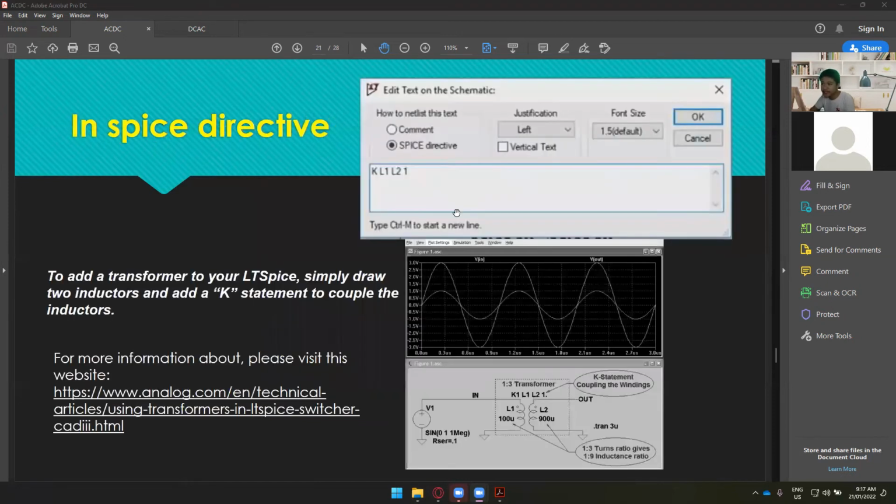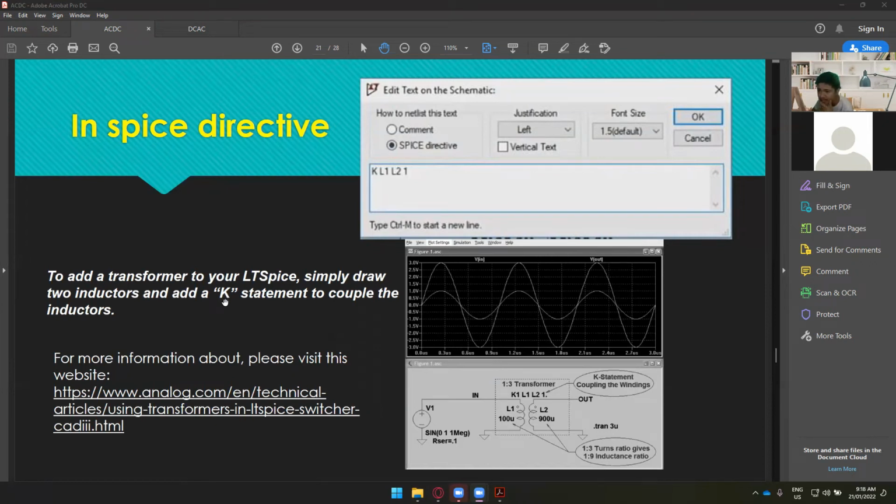And then we have here the configuration of your transformer. So in here you have to add the schematic, the L1, L2, or the transformer itself, into K L1, L2, 1. K is, what is this one again?